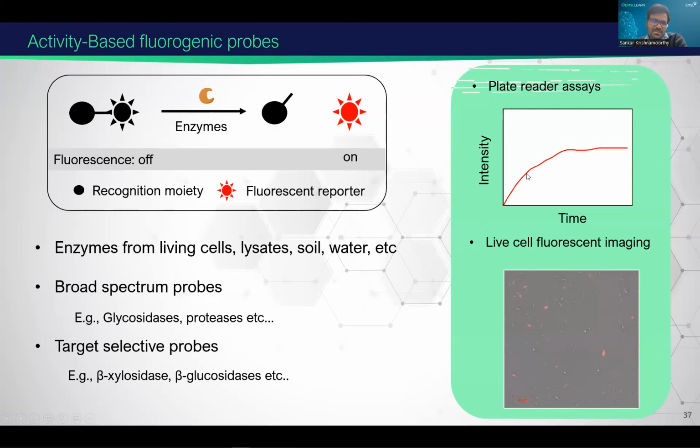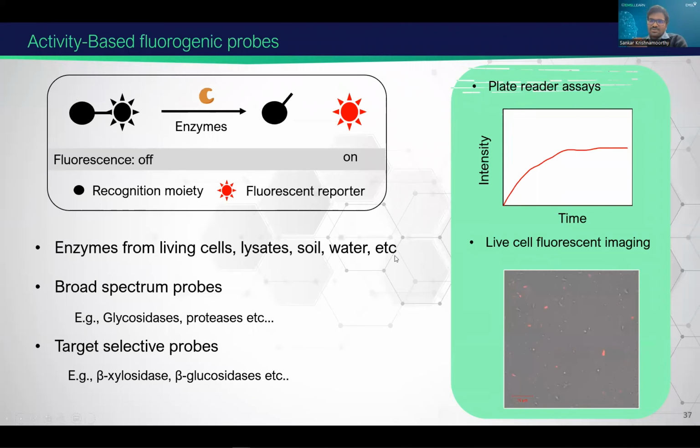This type of probe can be used in different types of samples, and these are the types that you can commercially access. Or we can design a specific probe for your enzyme or protein of interest.